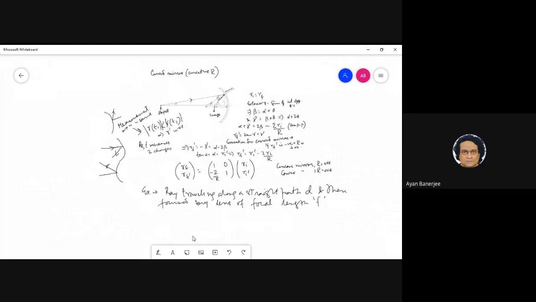So you understand, right? There are two ways you can do this.